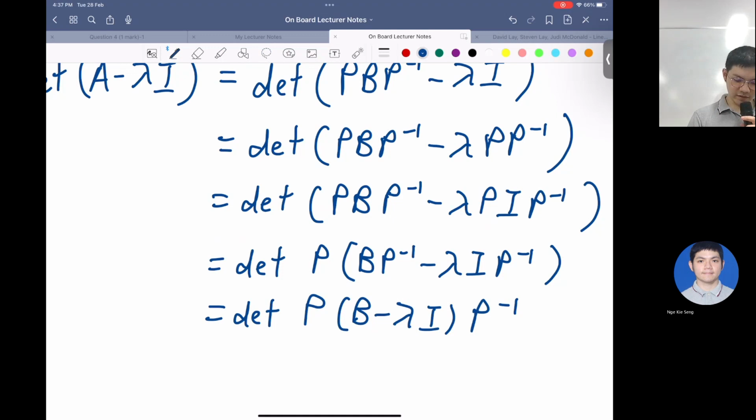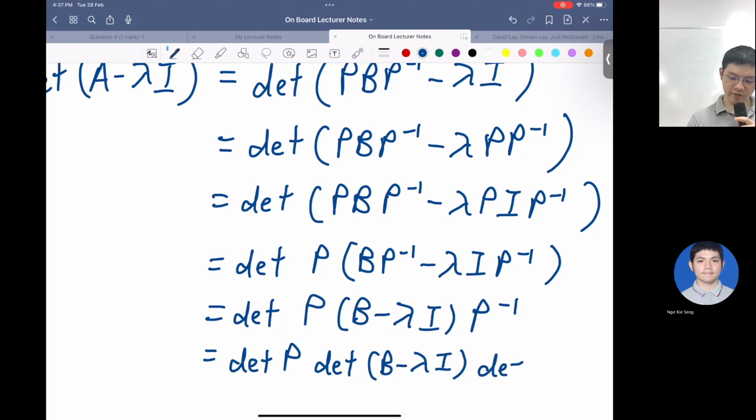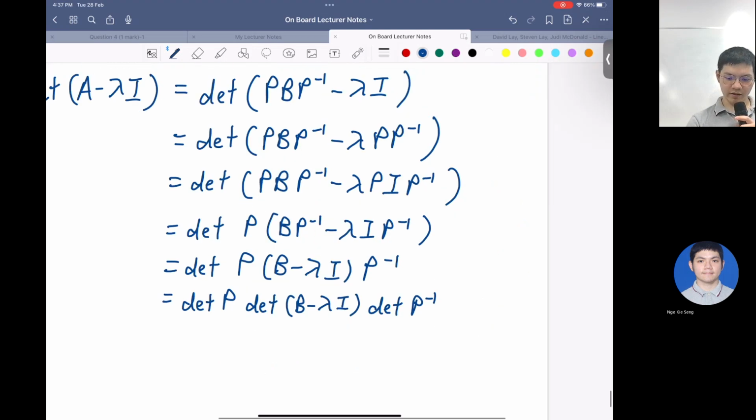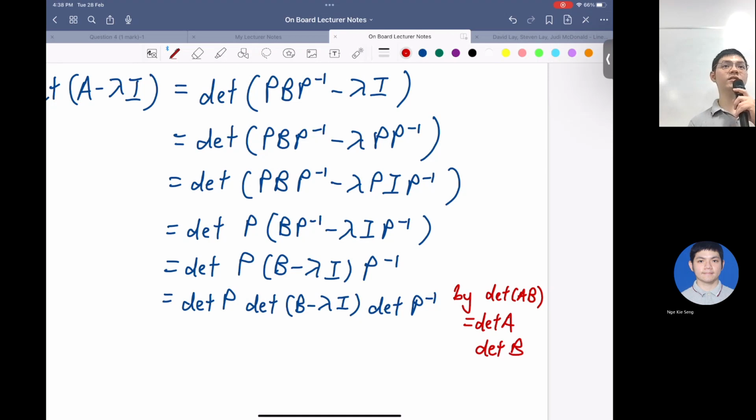So what's this? The determinant of P times the determinant of B minus lambda I times the determinant of P inverse. This is because the determinant of AB equals the determinant of A times the determinant of B, because the determinant is multiplicative.